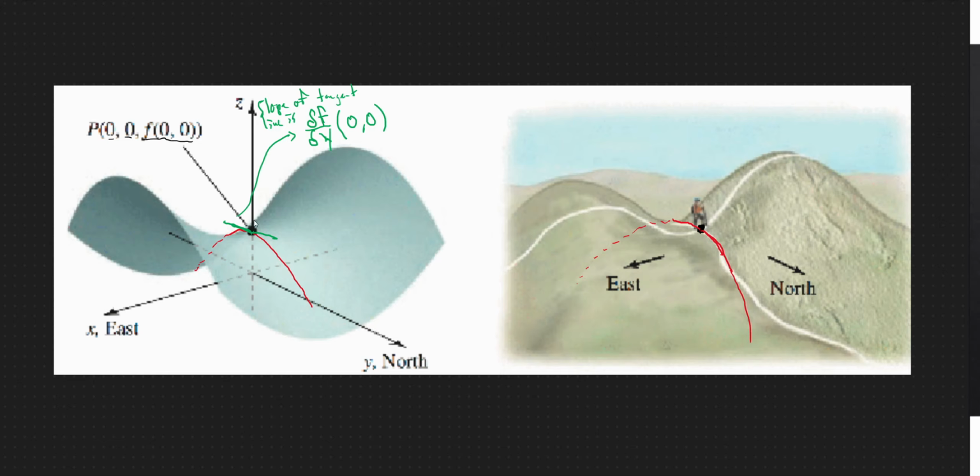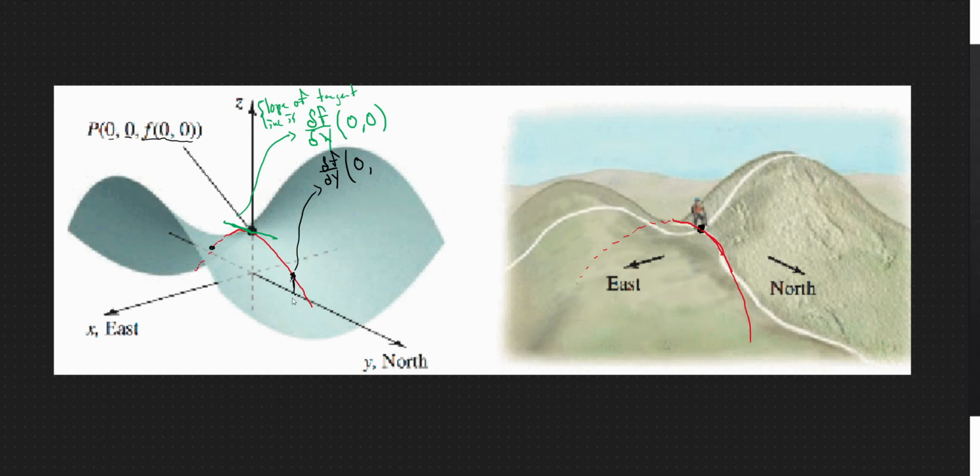Now, of course, I can plug in different points along this curve. For instance, this one might be the partial derivative of f, again with respect to y. My x is still 0, because I'm still along this curve at x equals 0, so it's x equals 0, and then what's my y? My y value would be something down here.